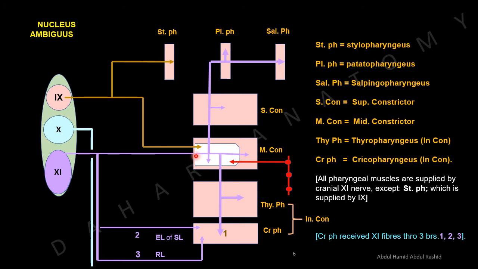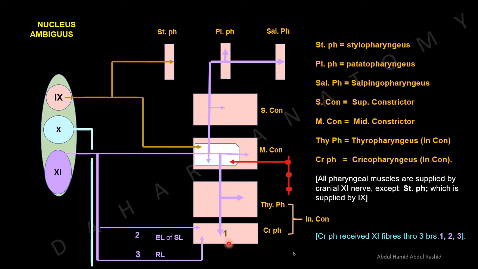It comes here, participates in formation of the plexus, and supplies all the muscles: palatopharyngeus, salpingopharyngeus, superior constrictor, middle constrictor, and both the thyropharyngeal part and the cricopharyngeal part of the inferior constrictor. That means the 11th cranial nerve supplies all the muscles except stylopharyngeus, which is supplied by the 9th cranial nerve.